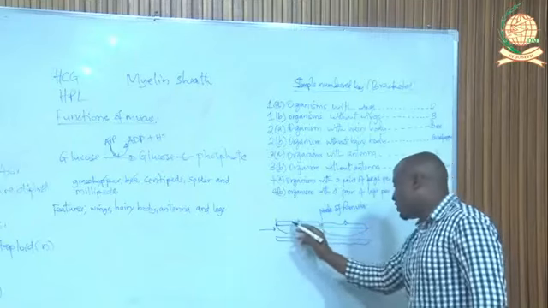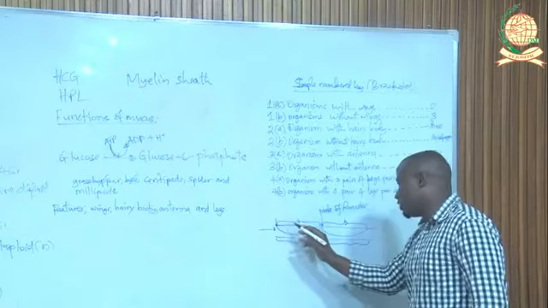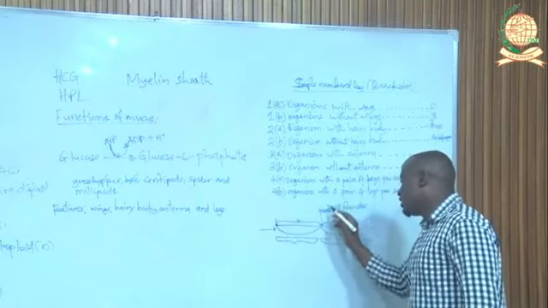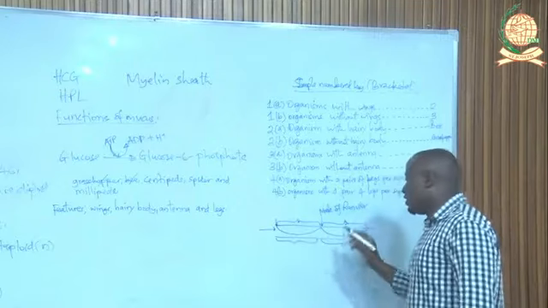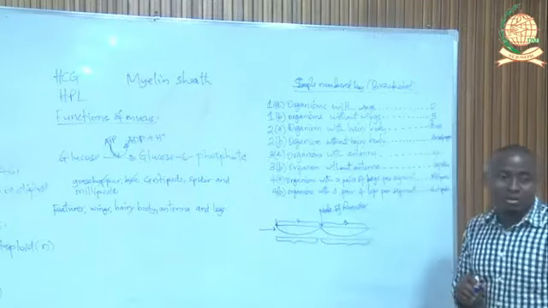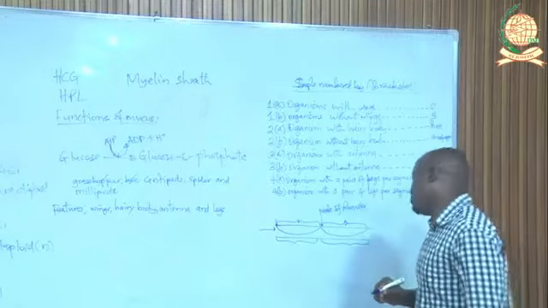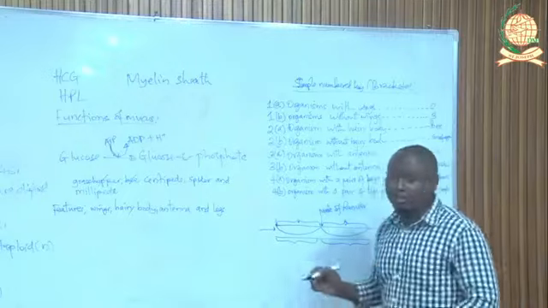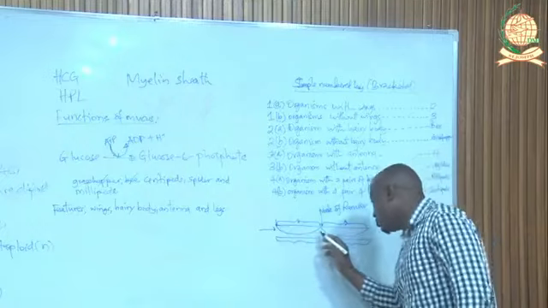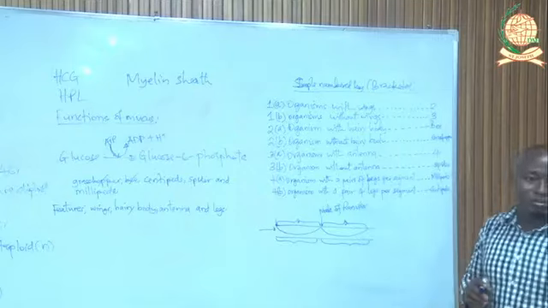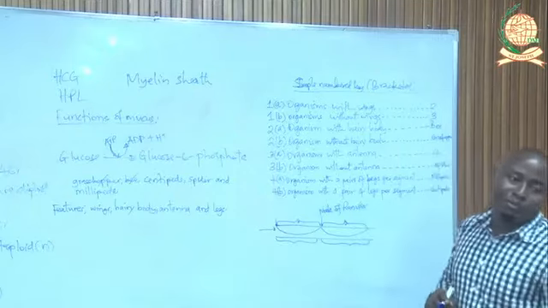In all the other portions the sheath works as an insulator, so it does not allow the flow of charges in or out. Saltare means to jump, a jumping-like movement from one node of Ranvier to another, and therefore this increases the speed of transmission of nerve impulse.